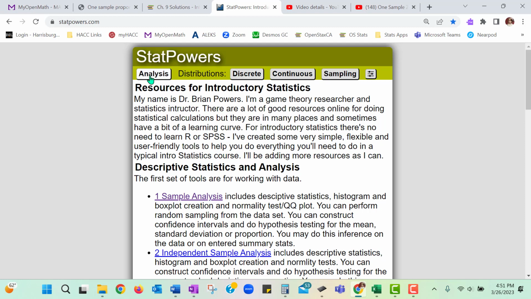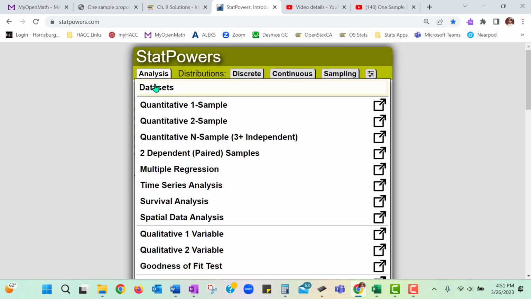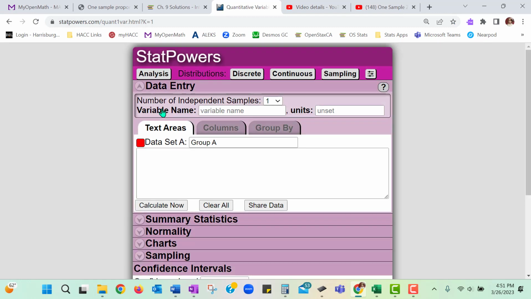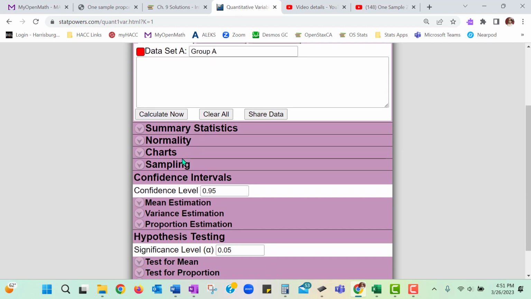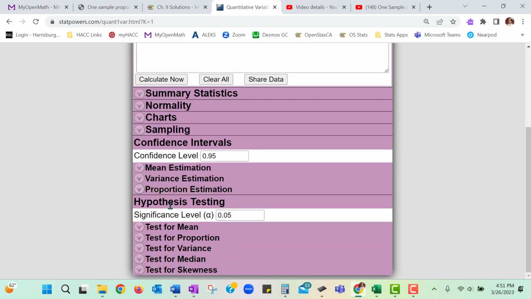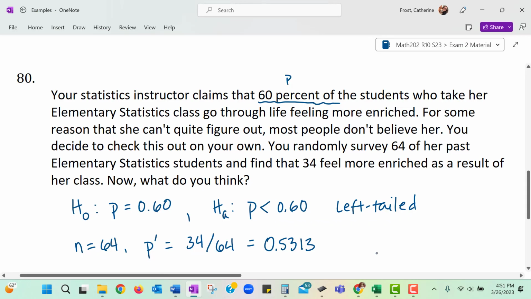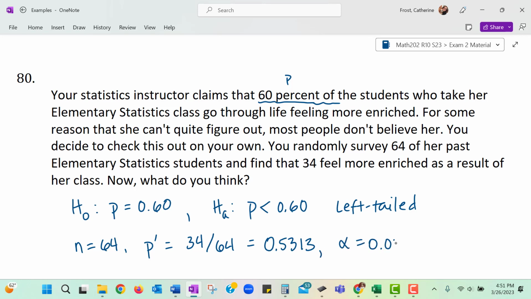Okay, so StatPower. We're going to click on Analysis and then Quantitative One Sample. We're going to ignore all of this and scroll down until we see hypothesis testing. Oh, and we weren't given a significance level either. So let's use the most common one, which is alpha equal to 0.05.